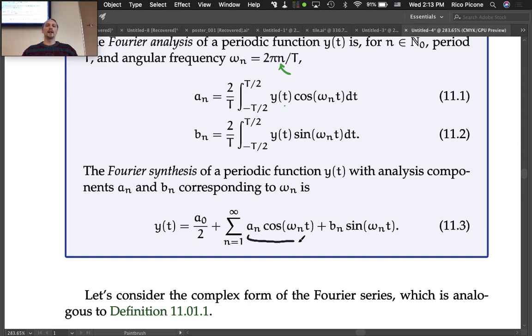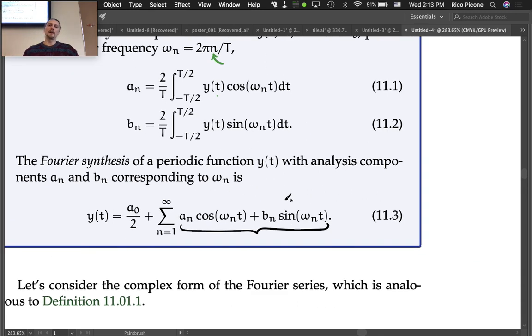So for just a given n, this is just a sinusoid, right, at a given frequency and amplitude. The amplitude is the root sum square of an and bn, if we were to use that trigonometric formula that we have used in the past. I call them the 2-to-1 formulas. Then the amplitude of this sinusoid is the square root of an squared plus bn squared, and the phase is the arctangent of bn over an or whatever.